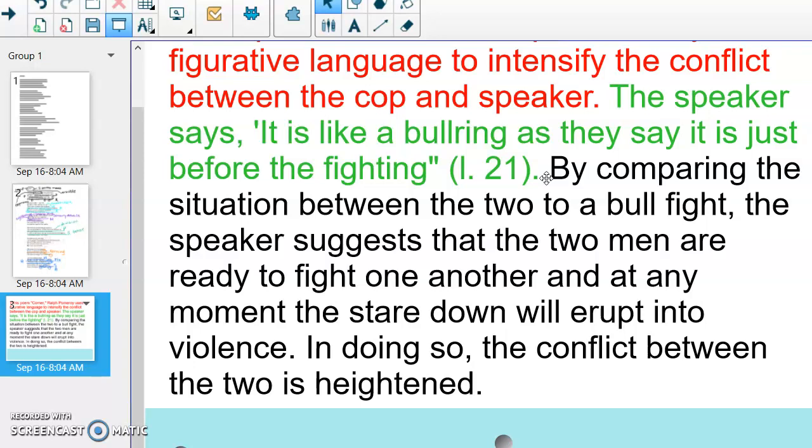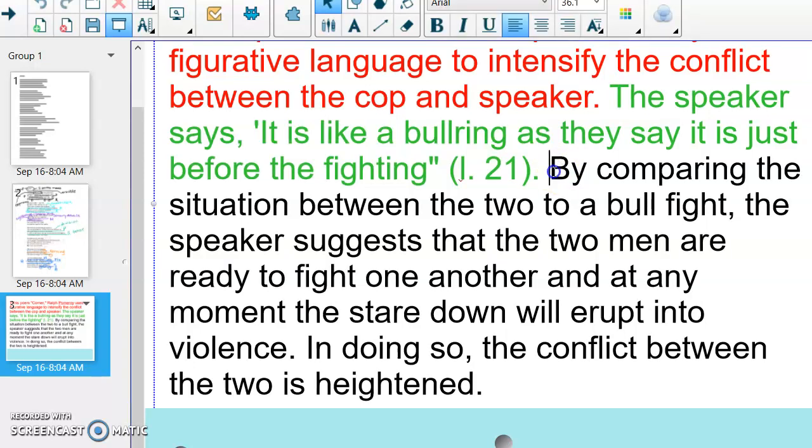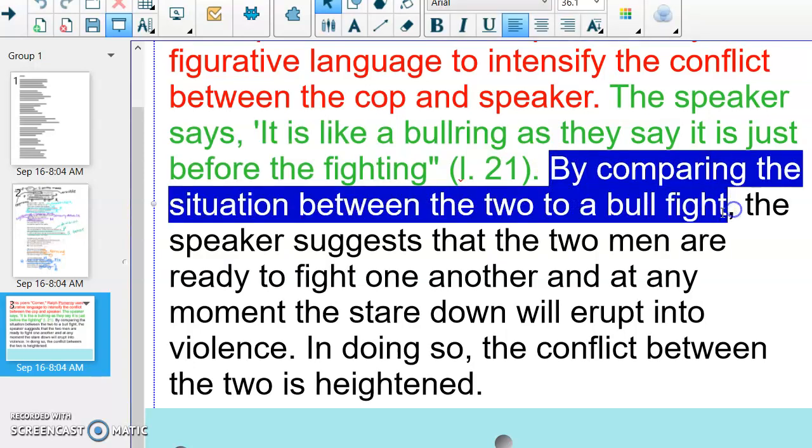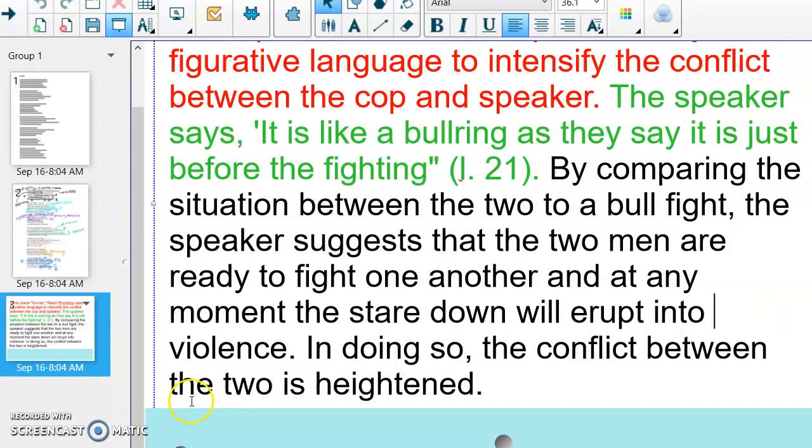In doing so, the conflict between the two is heightened. I like to repeat what they're doing, to say specifically what I'm analyzing here, because I could say by using the word bull ring or by saying fighting. But here it's a little broader than that.